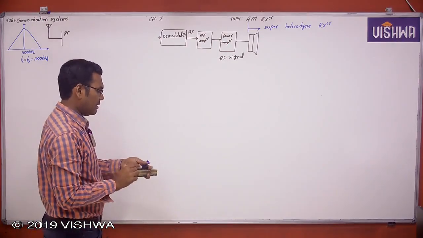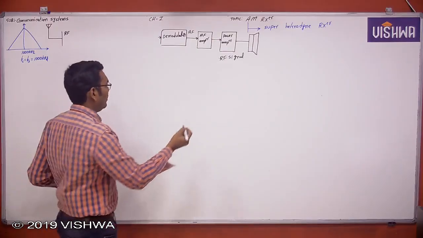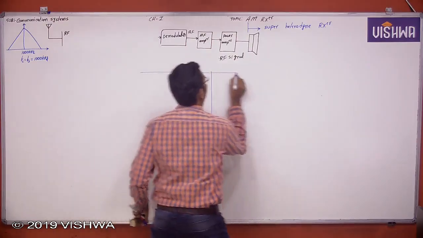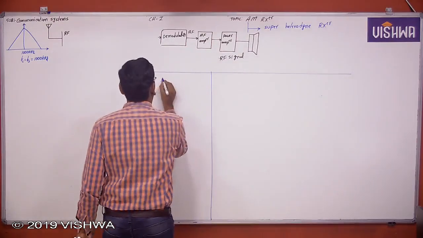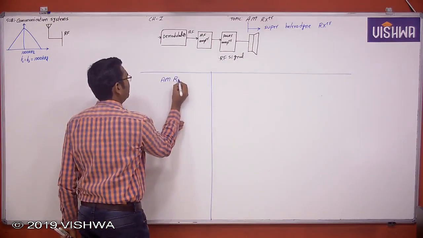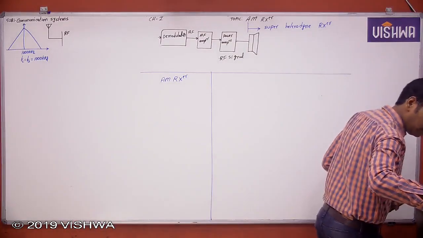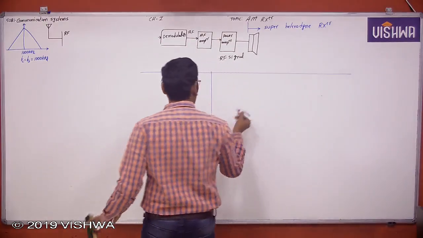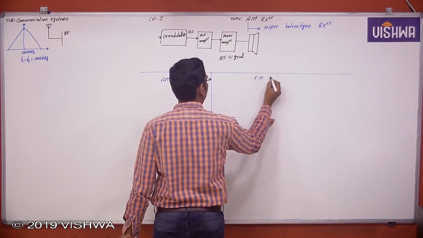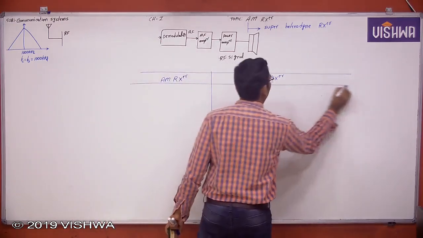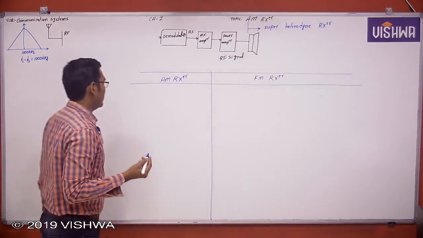Before that we will see some characteristics of AM and FM, which is very important. Now this is the AM receiver, and this is the FM receiver. Now the technical specifications.